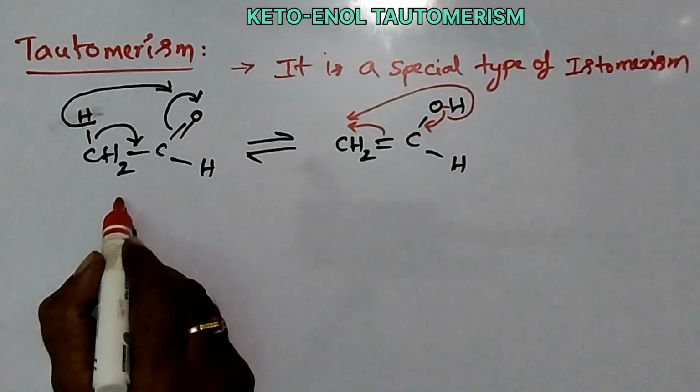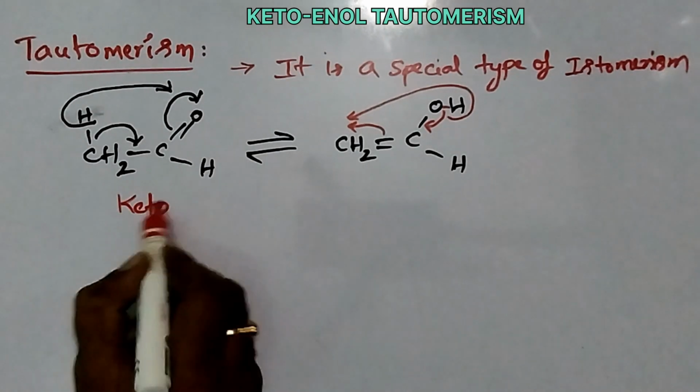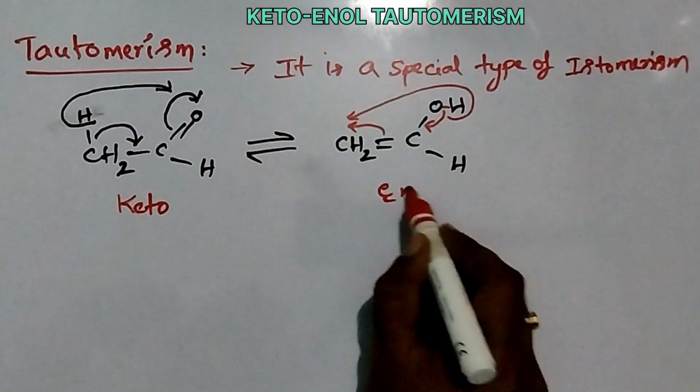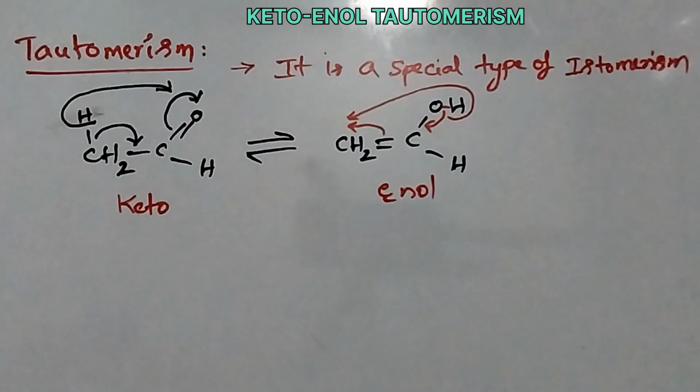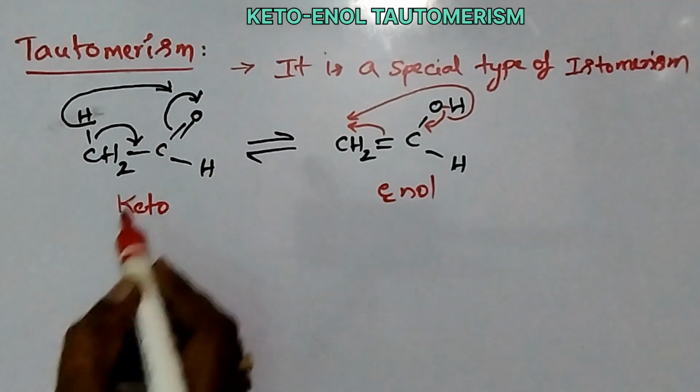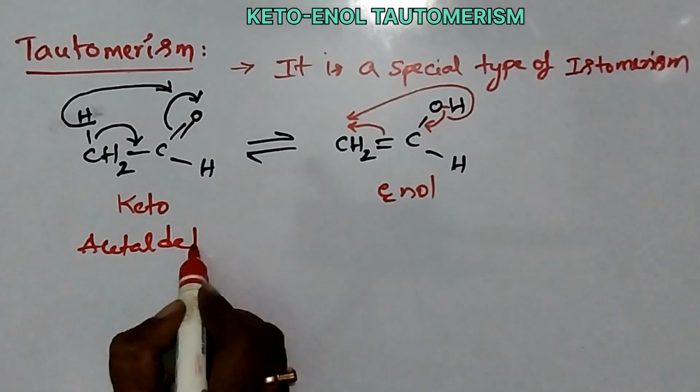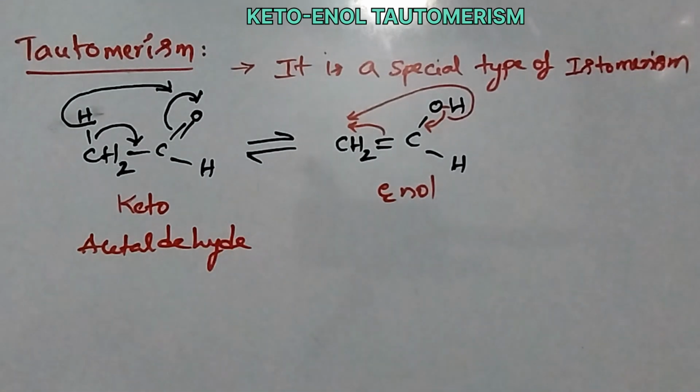So this is the keto form, this is the enol form. We know CH3CHO is acetaldehyde, and this is its enol form.